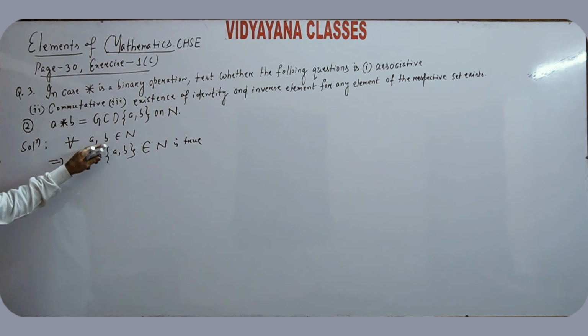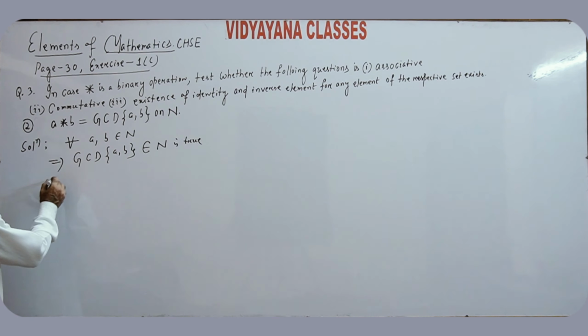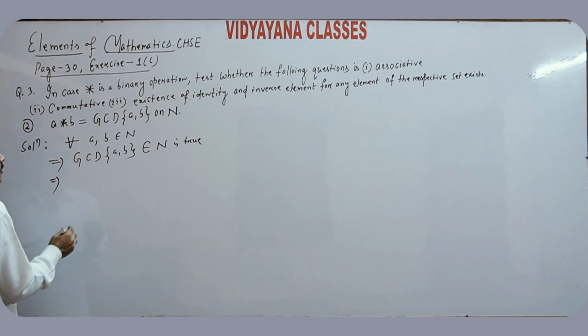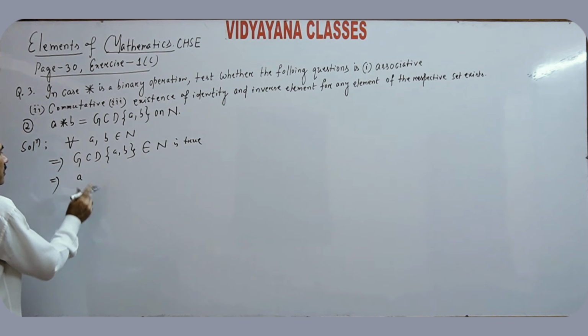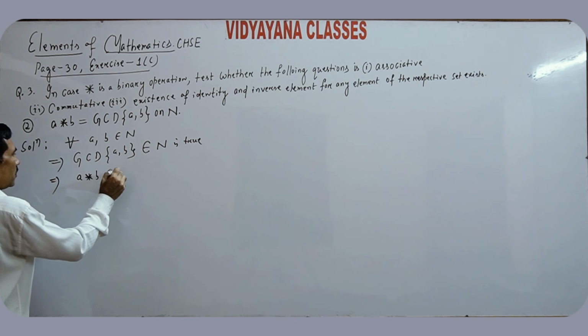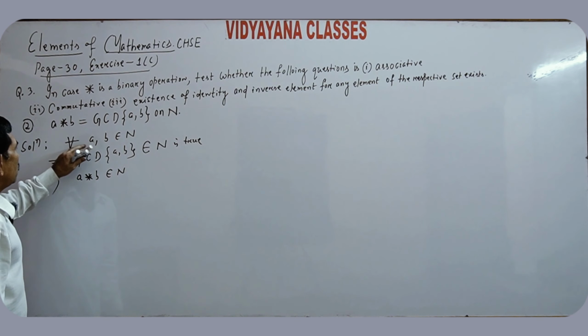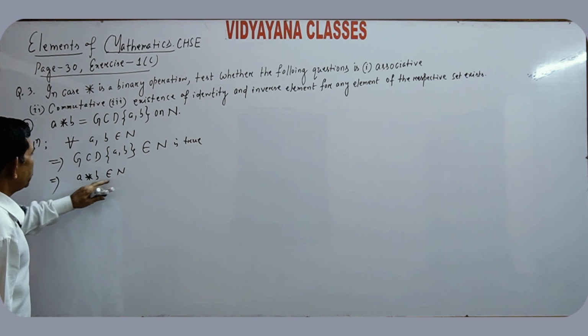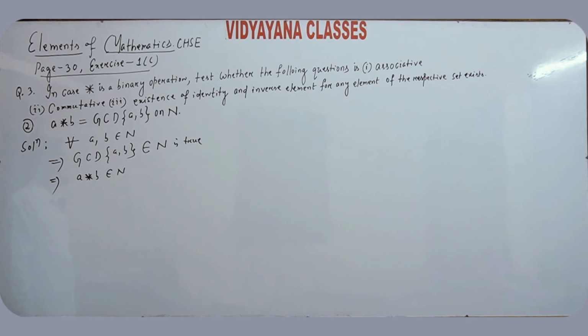Since A and B belong to N, the greatest common divisor of A and B must belong to N, implies A star B belongs to N. For all A, B belongs to N, A star B belongs to N, it satisfies the definition of binary operation.